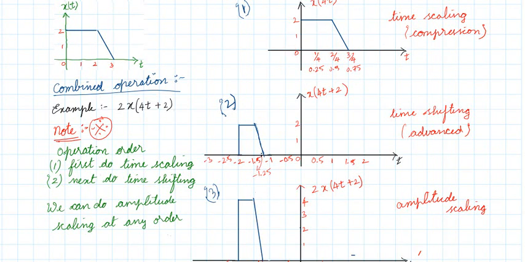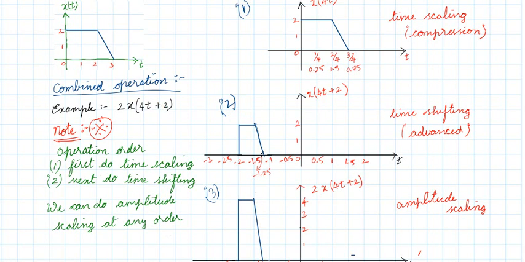Then you look at shifting. If it is plus 2, it is advancing, so you shift the signal 2 units to the left. Instead of from 0 to 0.75, everything is shifted to minus 2 to minus 1.25. This is called advancing. See, I'm moving towards the left. If it is minus 2, I will move towards the right.